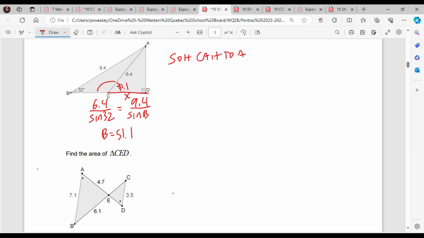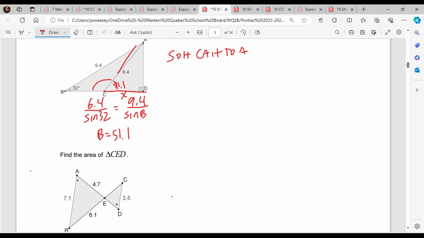I have the hypotenuse, so I can choose cosine: cosine 51.1 is equal to an x value over 6.4. So I'll be multiplying them, and I basically get a value of x is equal to 4. That is like your shortest route. Doesn't mean it's the right route, but that would be your shortest path to the answer.